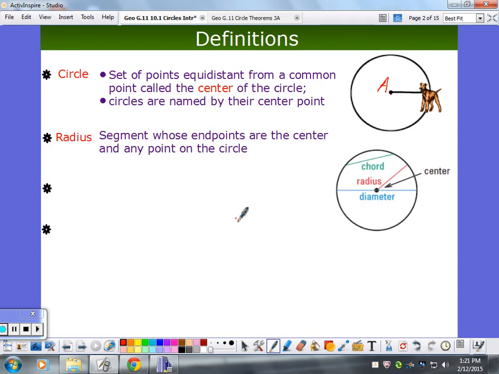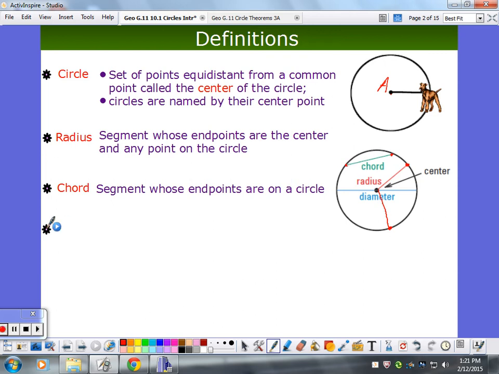A radius, the official definition, is a segment whose endpoints are the center and any point on the circle. So I can draw an infinite number of radii just by finding all the points on the circle and connecting them. A chord is also a segment in a circle; its endpoints are on the circle.